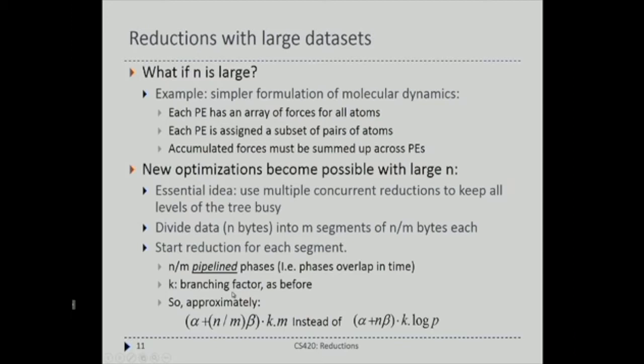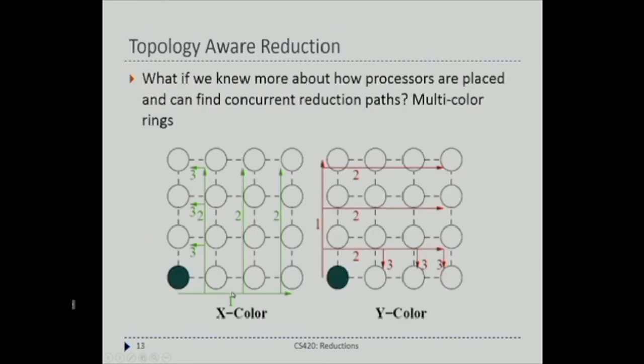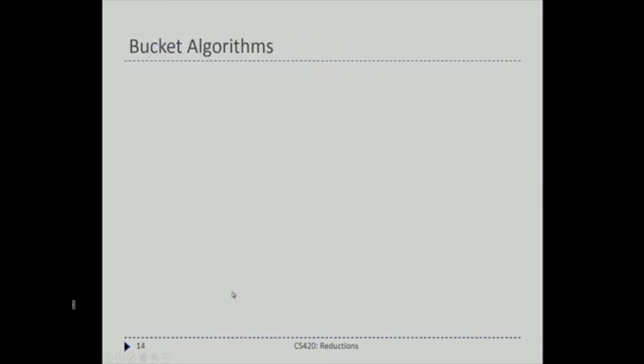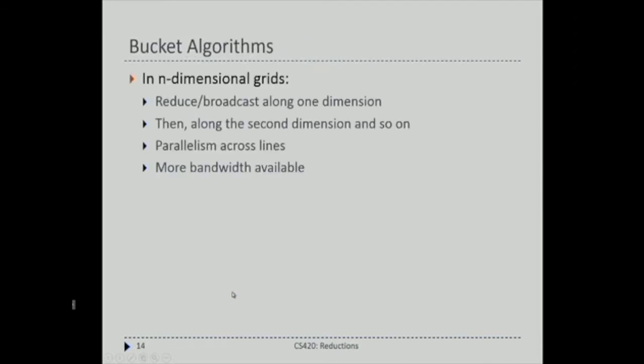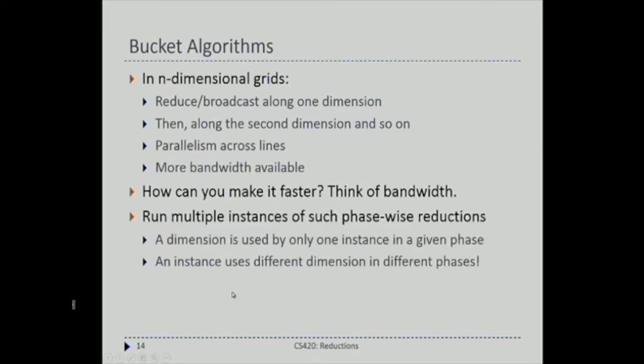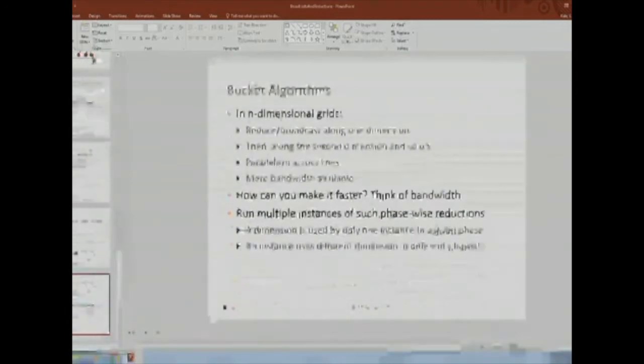So you can do something clever about that, and you can use that idea for balancing the load and get better performance. But these are the kinds of things that you do. I'm going to skip the topology aware algorithm for now, and come back to it a bit later after we have done some interconnect.